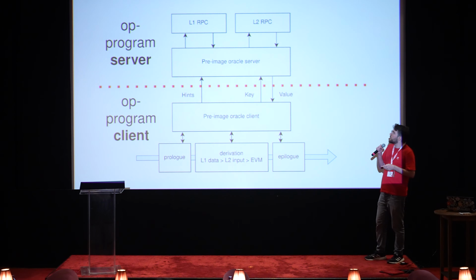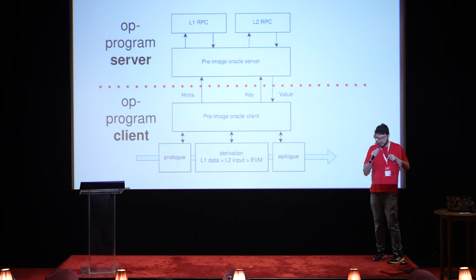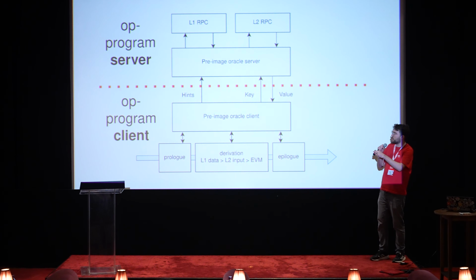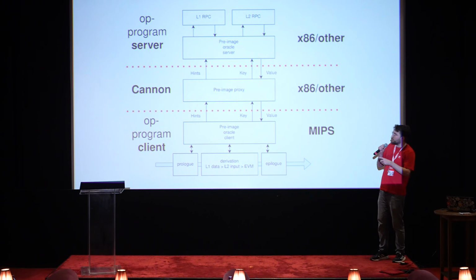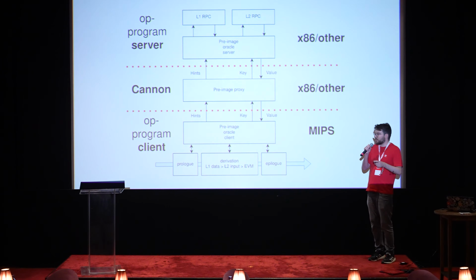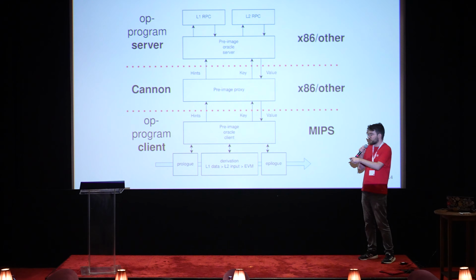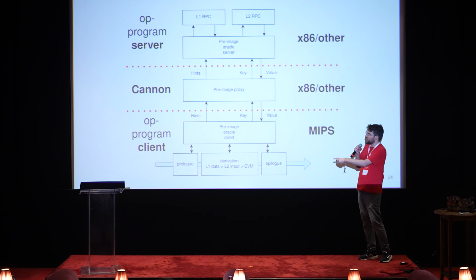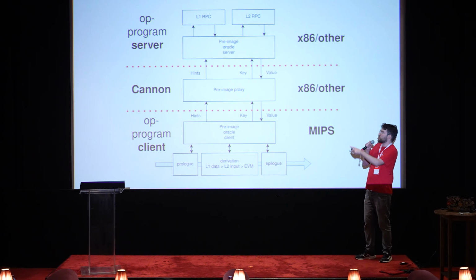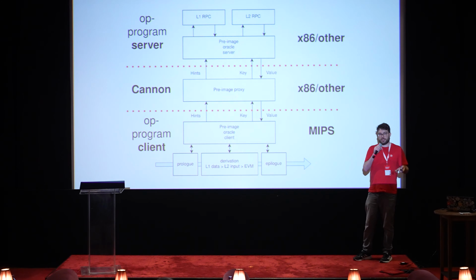And so now think of the interface as something that you can separate, and then you can put Canon in between. Canon is the fault-proof virtual machine, and Canon allows us to generate a trace of the execution while collecting the data from this external server in such a way that others can reproduce the trace.